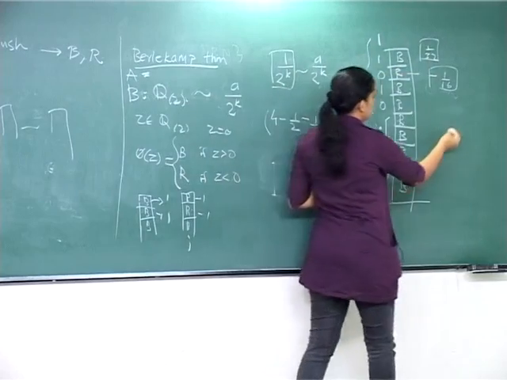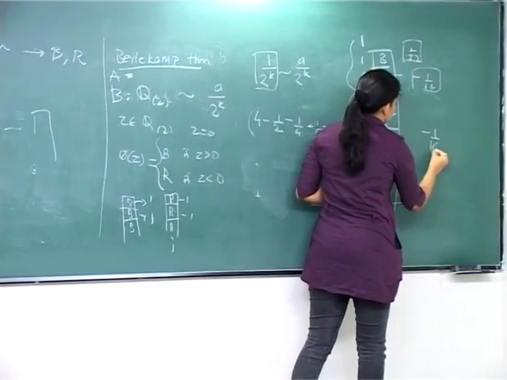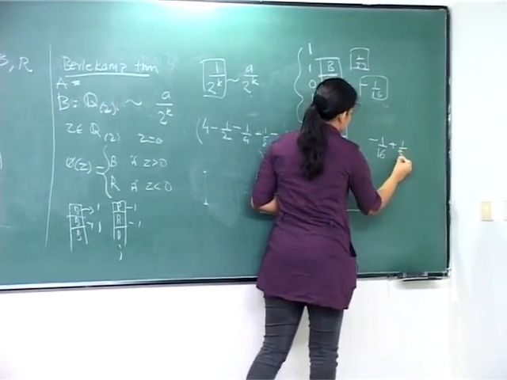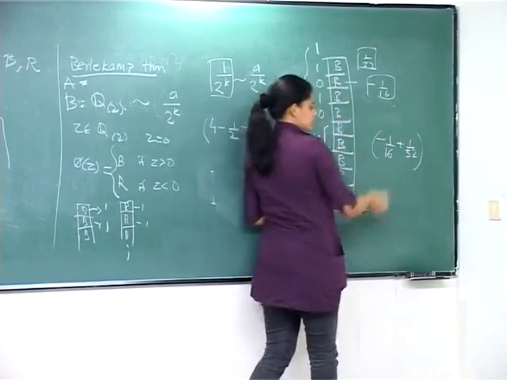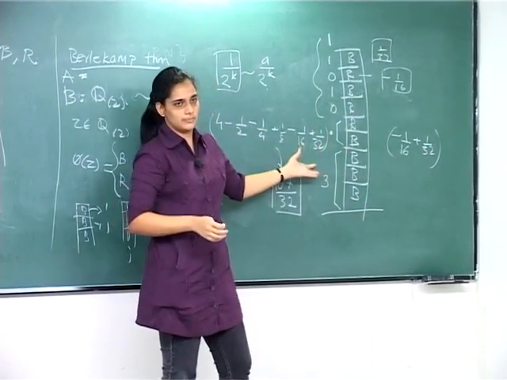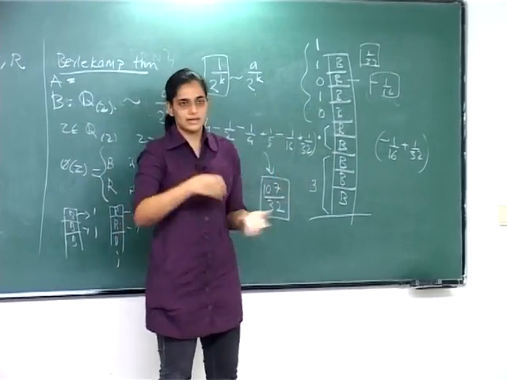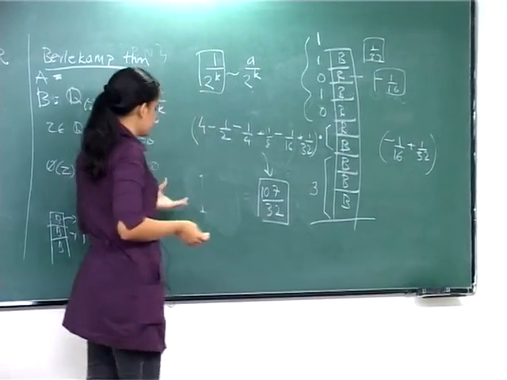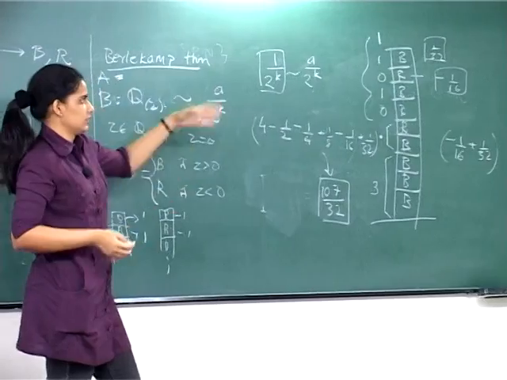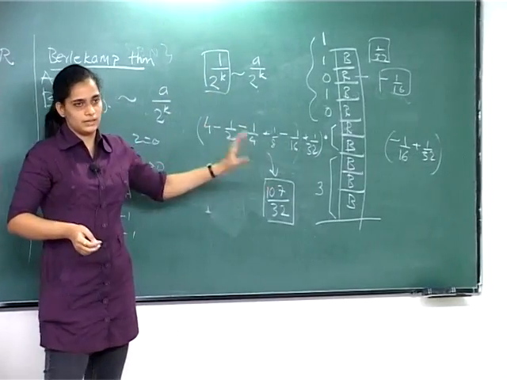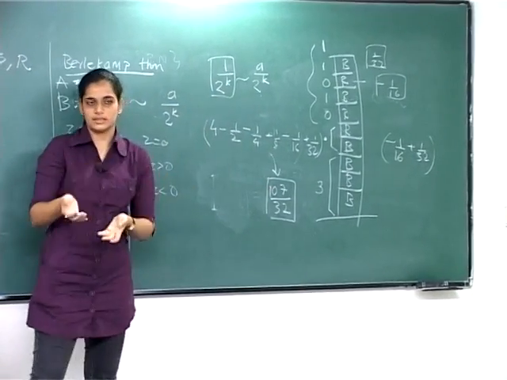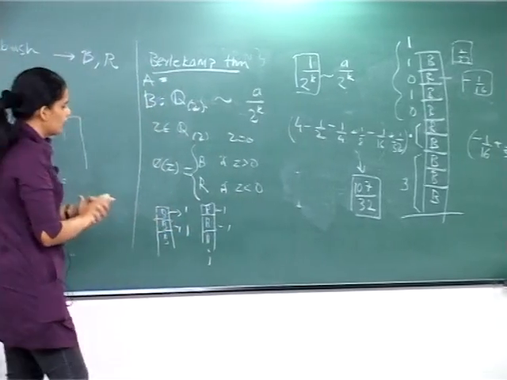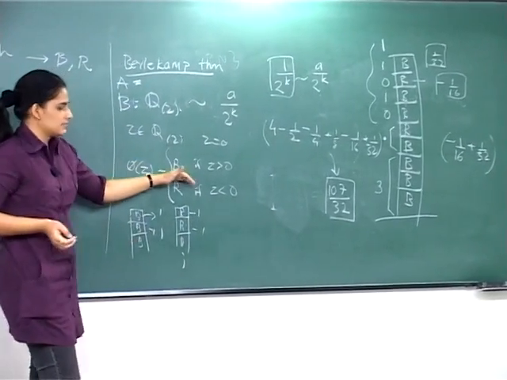So my whole weight has reduced by this. So actually the weight has increased by 1 by 32. So you can check for any bichromatic pile, this is always true. Blue can always make a move to decrease the weight by 1 by 2 raised to k, and red can increase it. So now we are in a position to analyze this better.